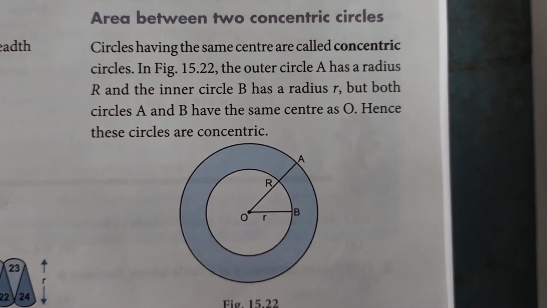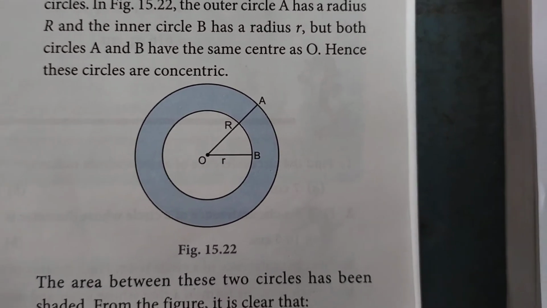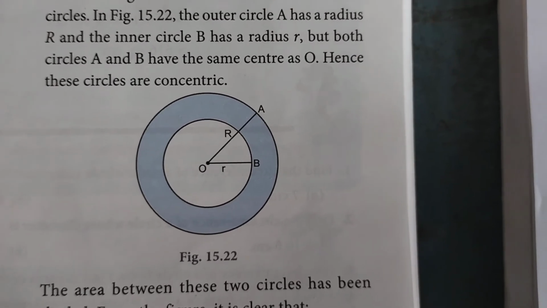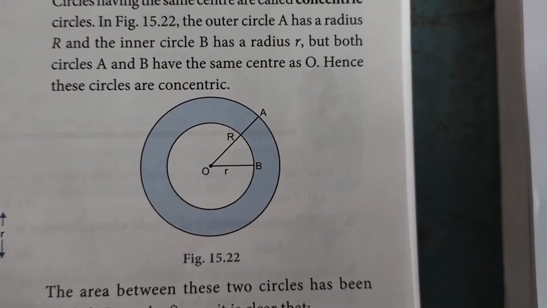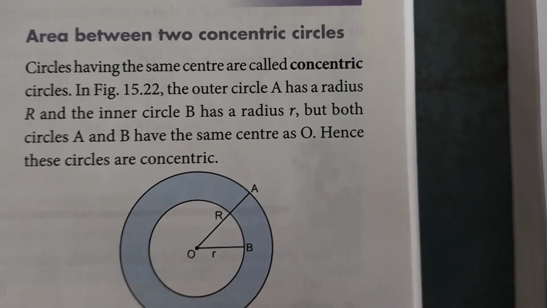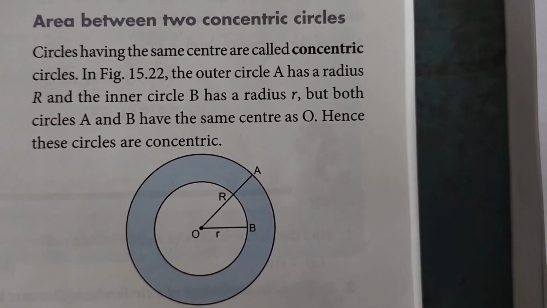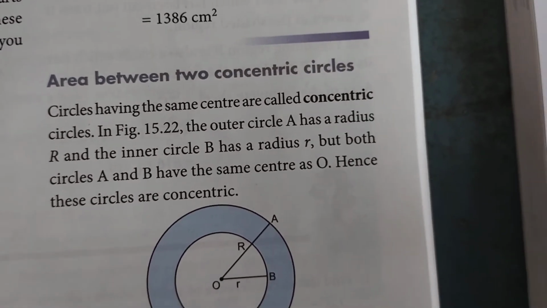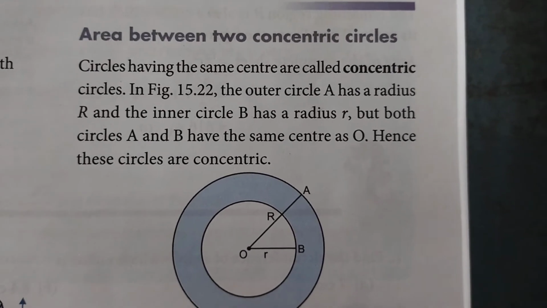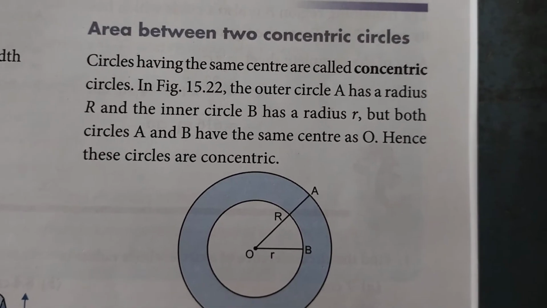So if you see, the area between these two circles has been shaded in this figure. It is clear that to find the area between the concentric circles, you find the area of the outer circle minus the area of the inner circle. Let us see that.